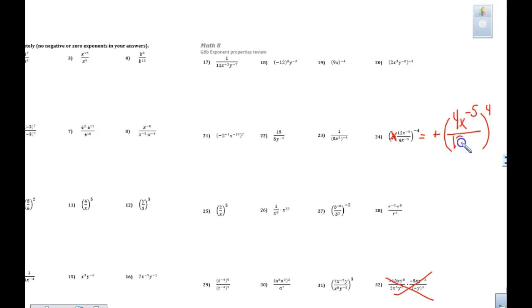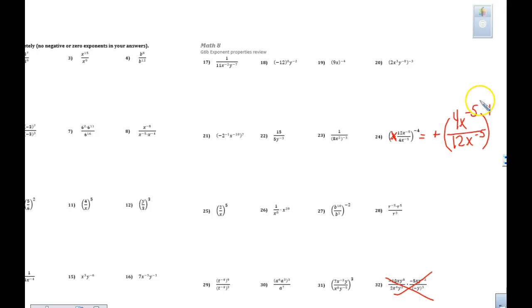And then I have 12x to the negative 5. Now, it's really not that bad of a problem, right? Because what happens to x to the negative 5 over x to the negative 5? They both switch, but what else do you know when you take negative 5 minus a negative 5, or when it's exactly the same in the numerator and denominator? That's the same as not 0, but 1 when we simplify.